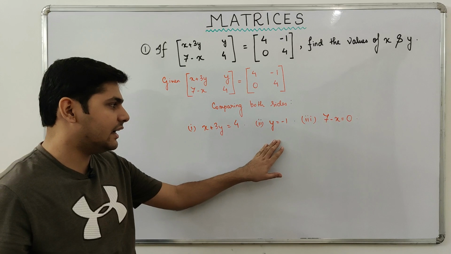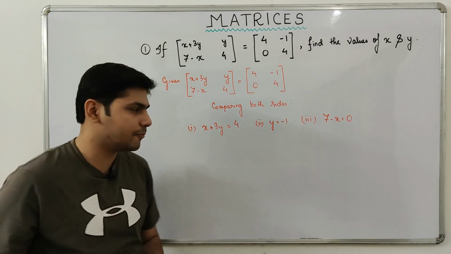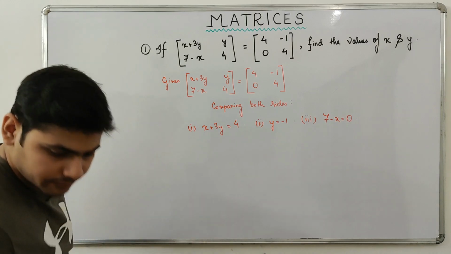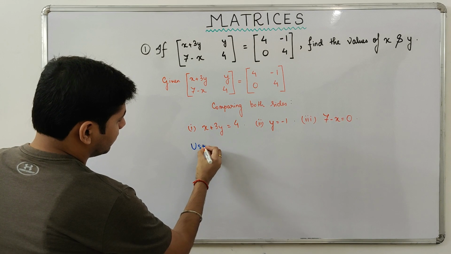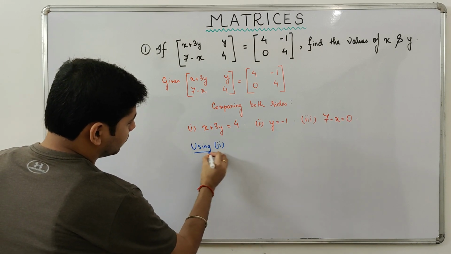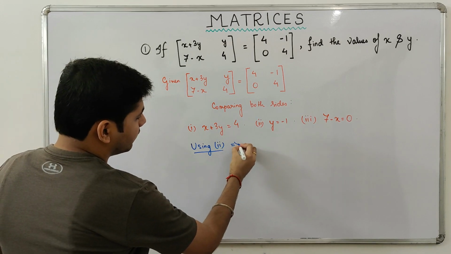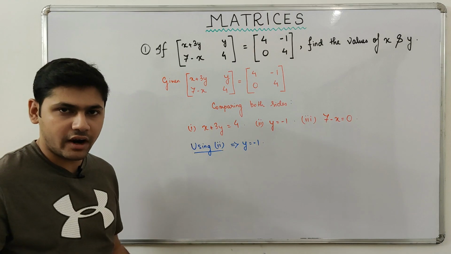Now using the second equation and third equation, we can find the values of x and y. Let's do that. Using 2, we have y is equal to minus 1. So we get the value of y.